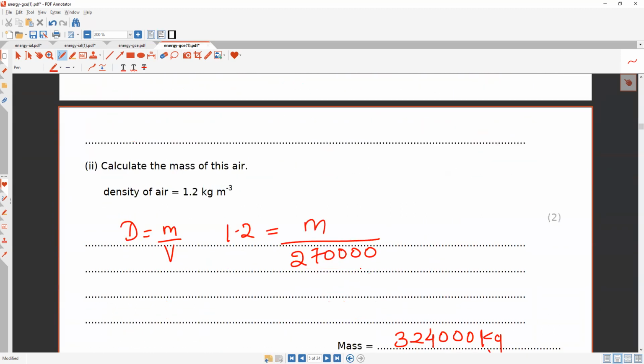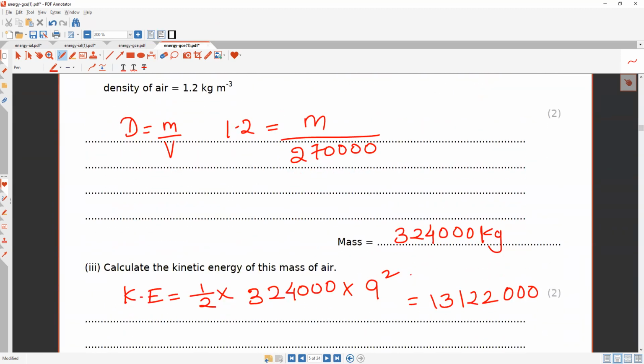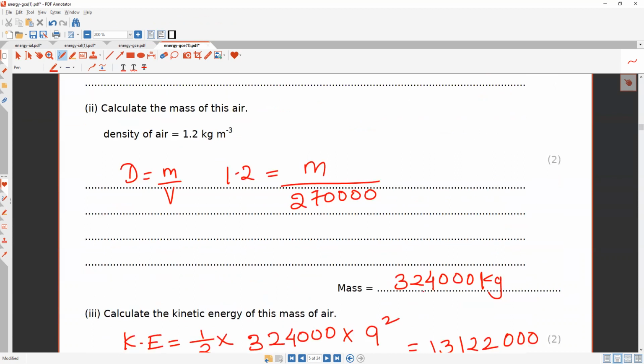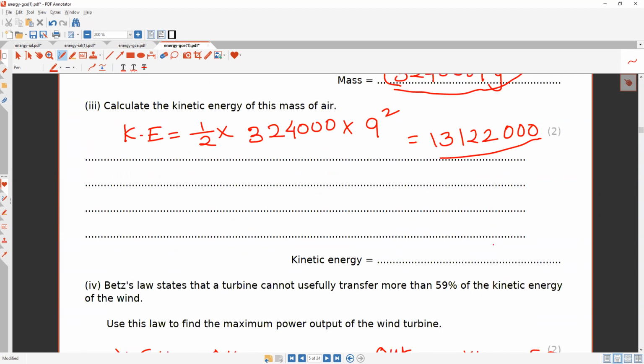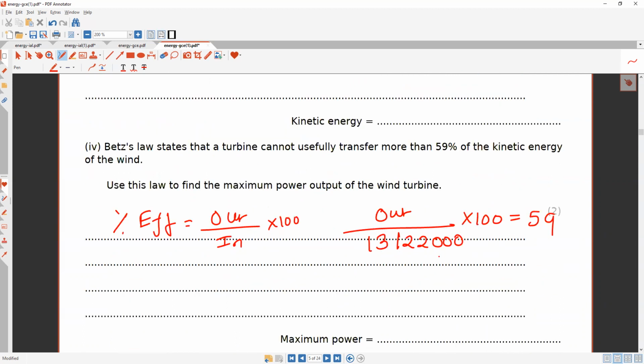Here we got the mass, this much mass of air is going in over 5 seconds. So this much energy was gained in 5 seconds, so this much power. What is the power you are getting?